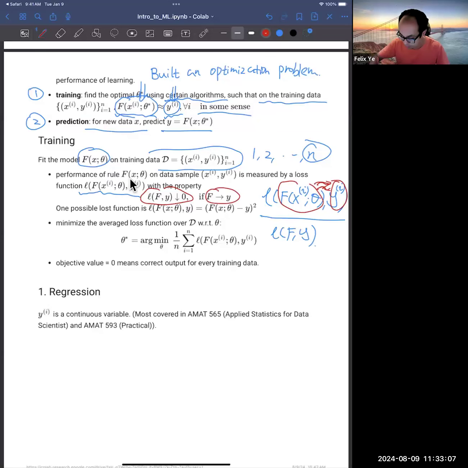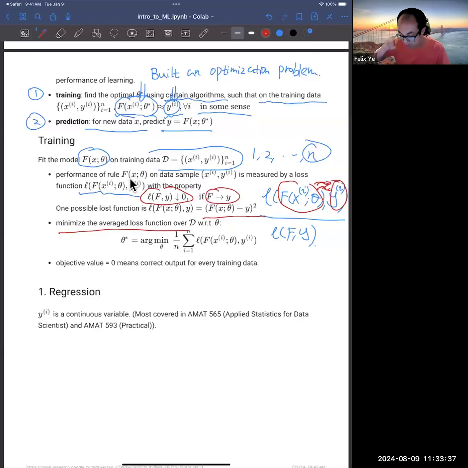A very natural way of doing so is just a square loss. Basically, we subtract and square the values. This is a very commonly used loss function. But of course, this is not the only one, as there are many other loss functions. We're going to talk about various different choices of loss functions throughout this whole course.